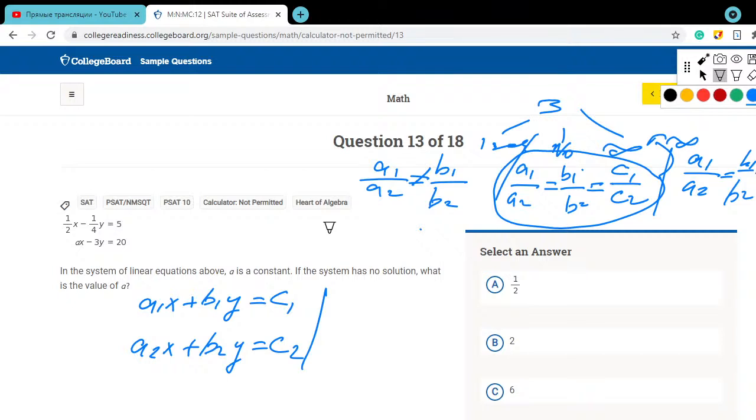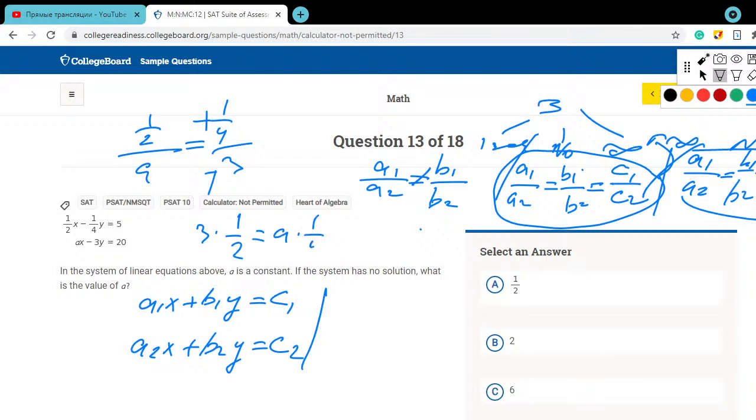From here, if we need no solution, it's just 1 over 2 divided by a should be equal to 1 over 4, and we get 3 equals a4, a equals 3 over 4, and we get 2, 6 again.